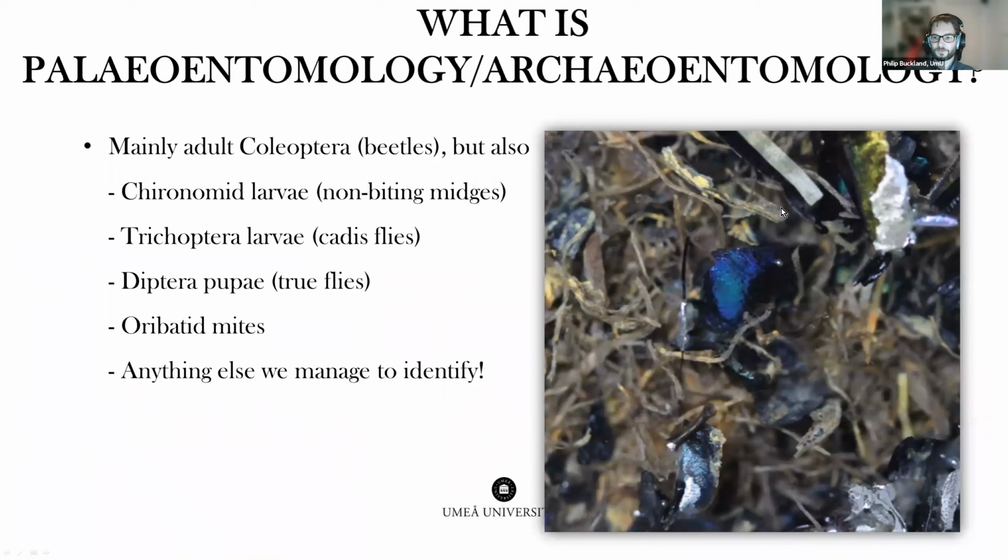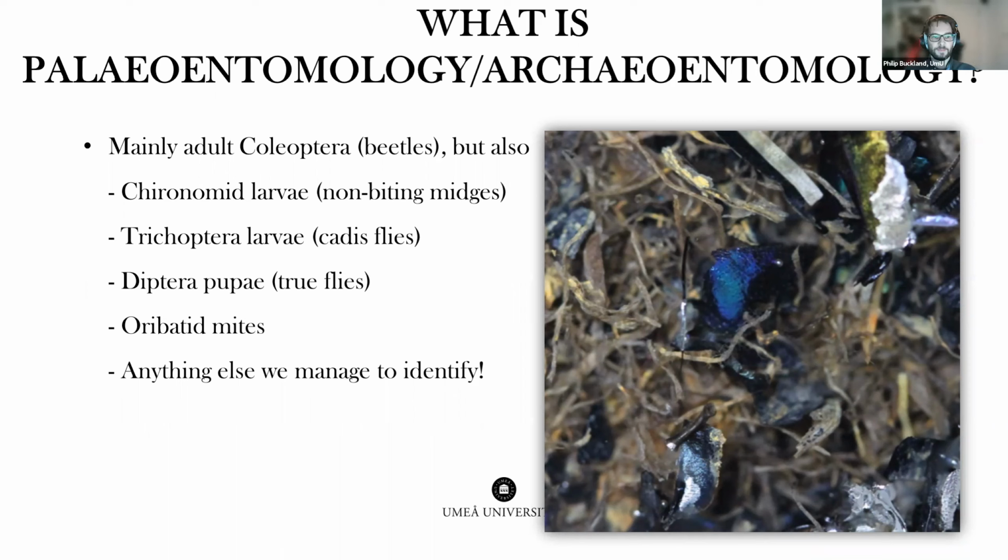We then sort through this goo under a binocular microscope and pull out anything that we think we can identify. Most of this is Coleoptera, so beetles, but there is also a lot of work done on chironomids from lake sediments, so this is larvae, and Trichoptera, caddisflies, also from aquatic sediments, the larvae.